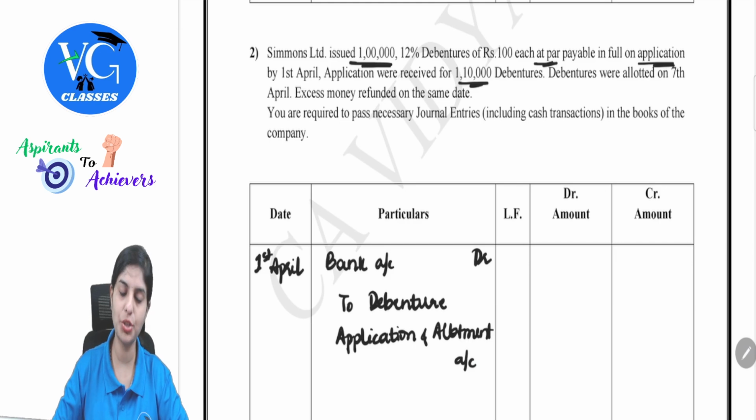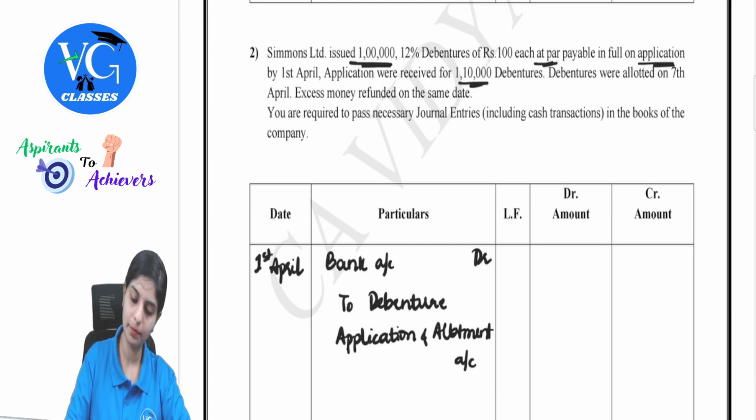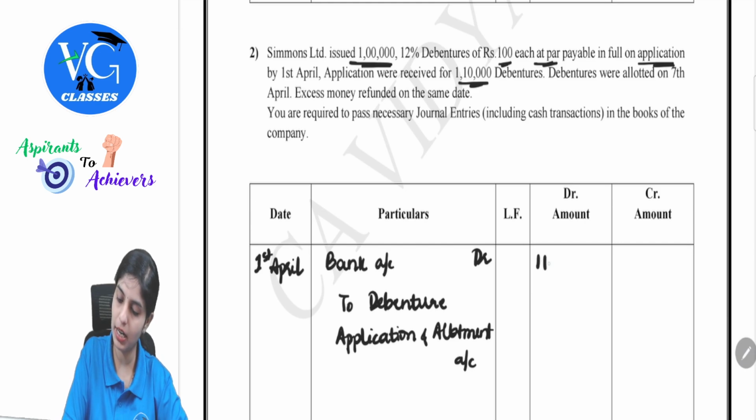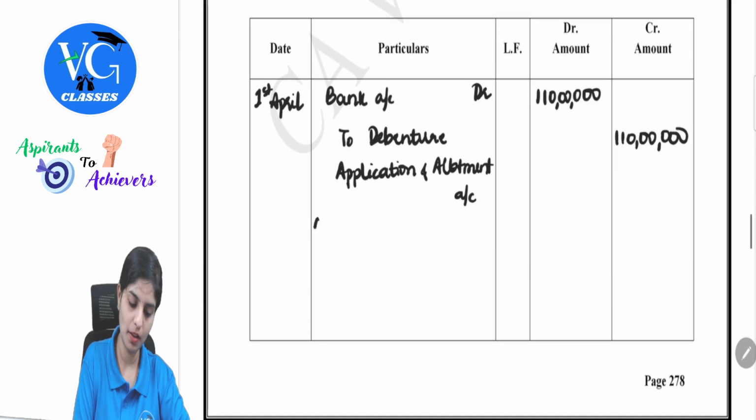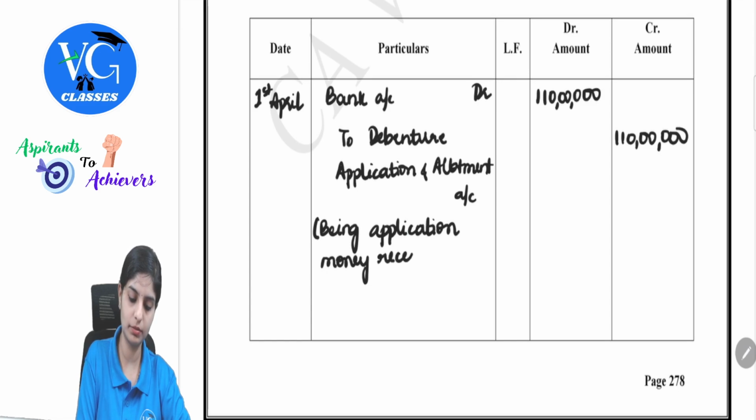So number of applications received is 1,10,000. So 1,10,000 into 100 because it is issued at par. That will be 110 lakh, being application money received on 1,10,000 debentures.